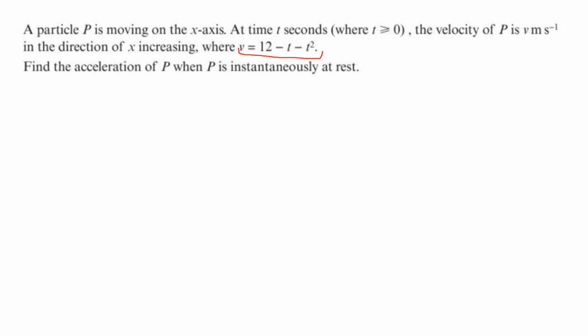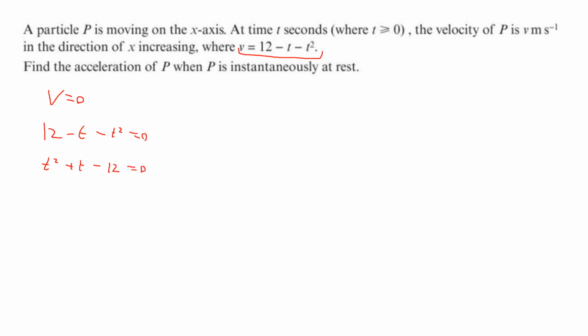So, the first thing we need to do is work out at what point v is at rest. The way we do that is we need to set v equal to 0. Now what we need to do is let 12 minus t squared equal 0. For the sake of argument, I'm also going to make t squared positive, so just times everything by -1.